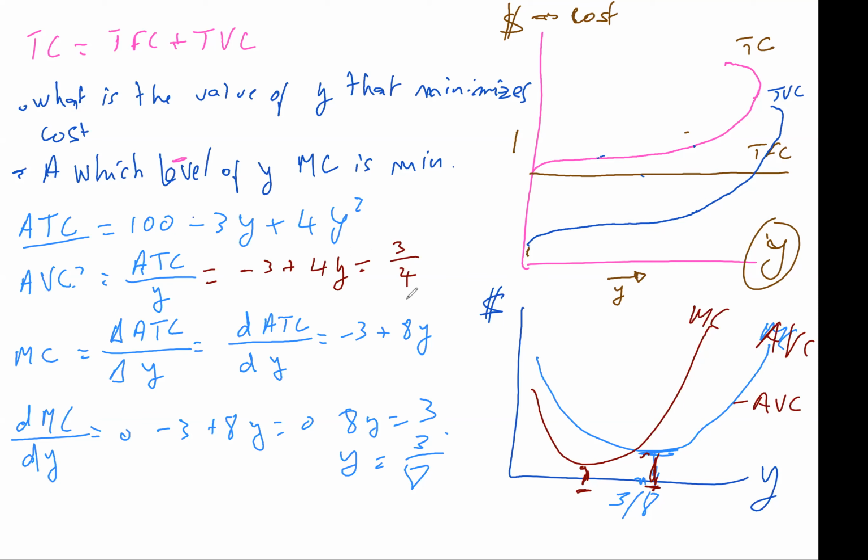So you can see that the point where the average variable cost is at the minimum, 3/4, is greater than the minimum of the marginal cost, which is 3 divided by 8.